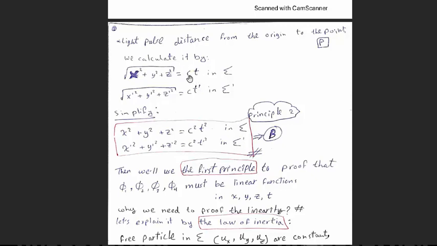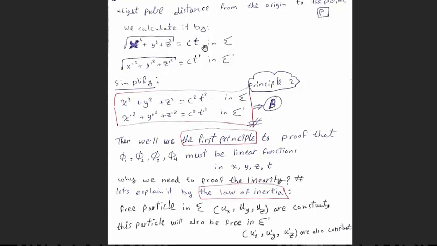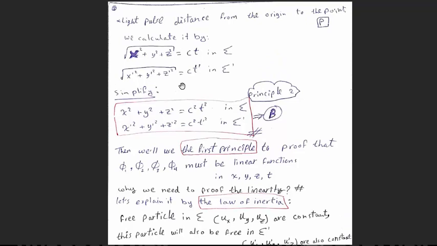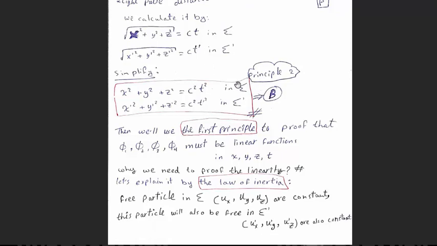So c, the velocity, multiplied by time gives us the distance. This is in frame sigma, and when we talk about frame sigma dash, it's the same. We can simplify it and square both sides, and this is what we got here. This is what we call the B equations, because I will refer to the B equations in this video.